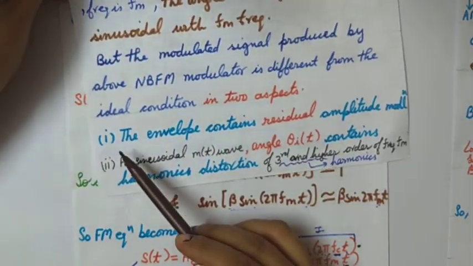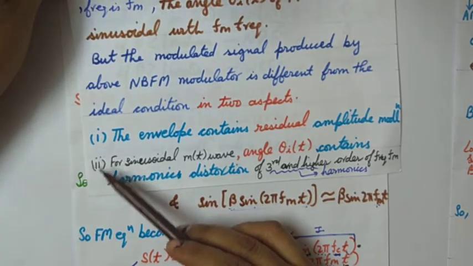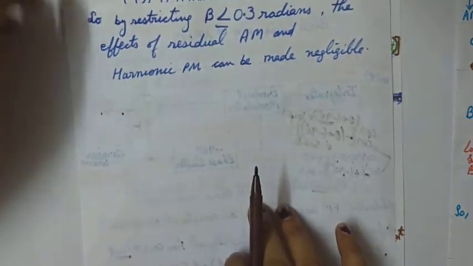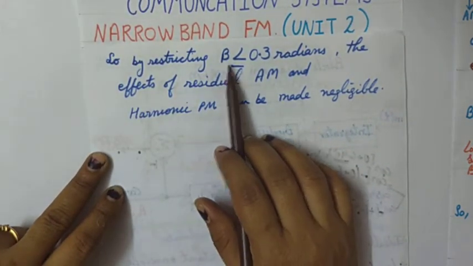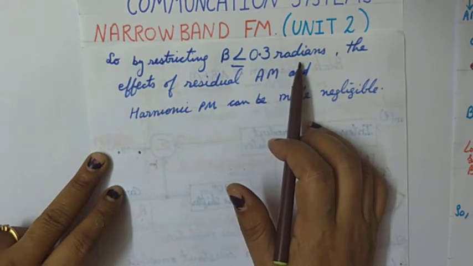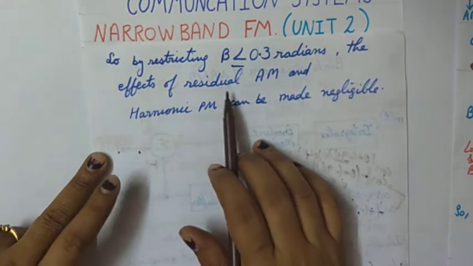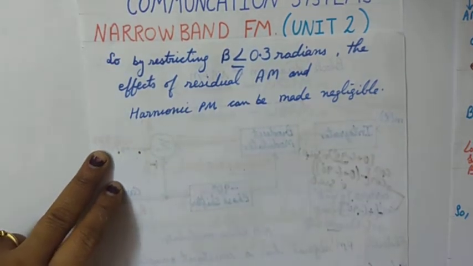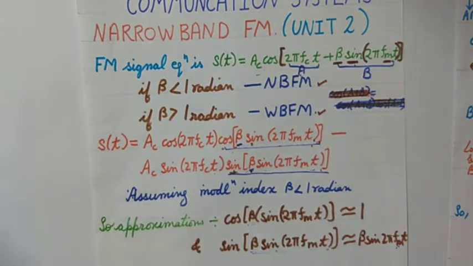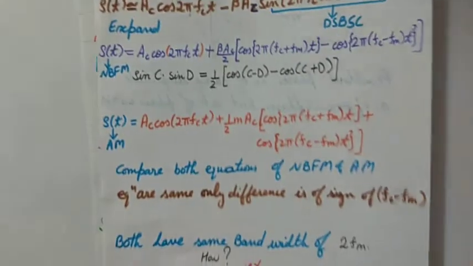So one way to rectify these issues is by restricting the value of beta to less than or equal to 0.3 radians, so these two effects of residual AM and harmonic PM can be made negligible. So now we'll move further. We have obtained the equation, we have obtained the block diagram, and now moving further.